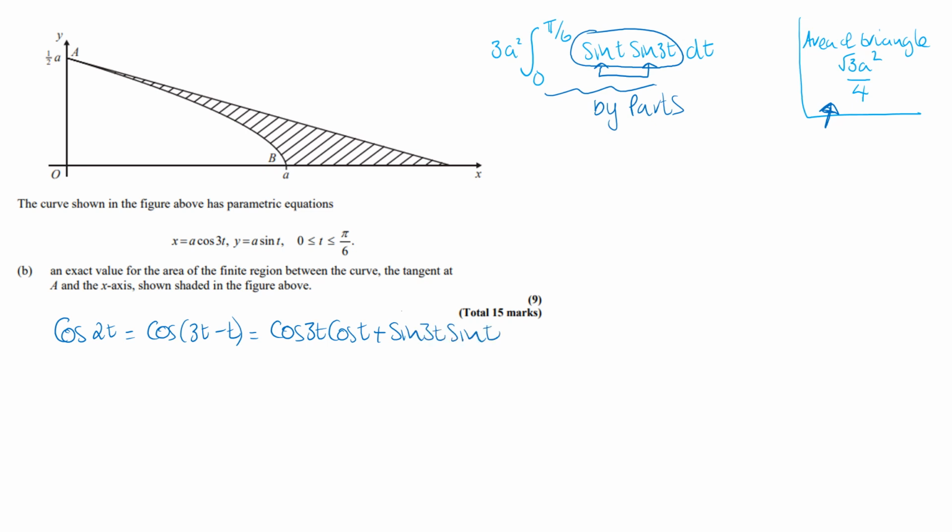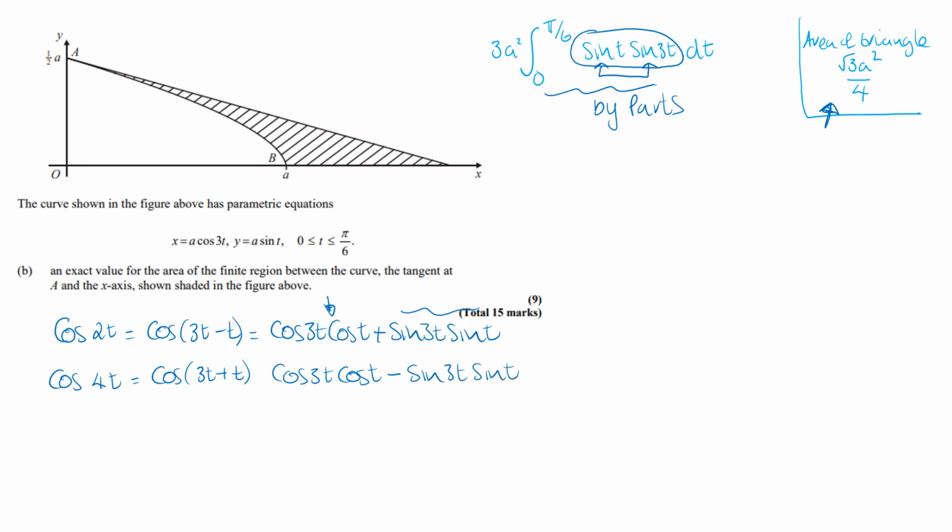And this is what we're getting at because we've actually got that there. So how are we going to get rid of this bit? We can have a look at cos 4t, which is going to be cos of 3t plus t, which would be cos 3t cos t minus sine 3t sine t.